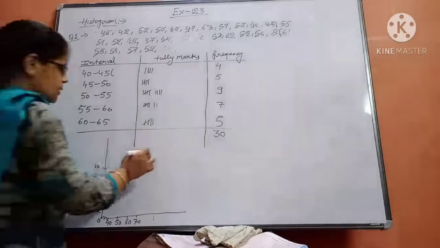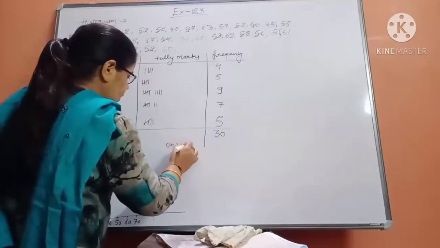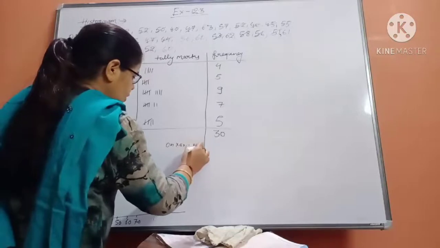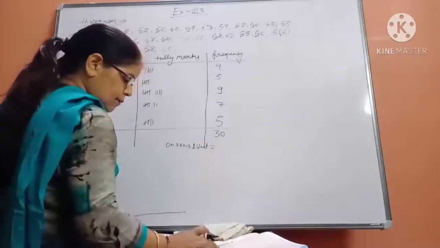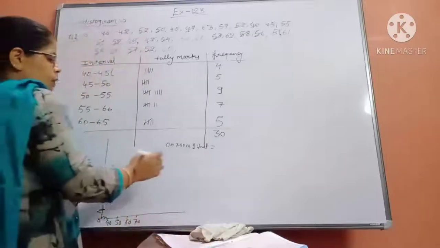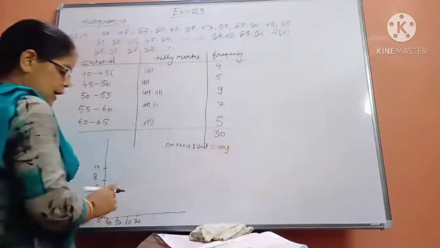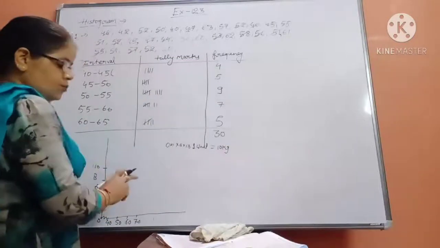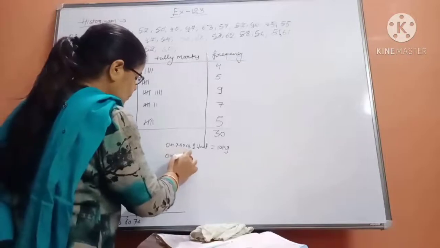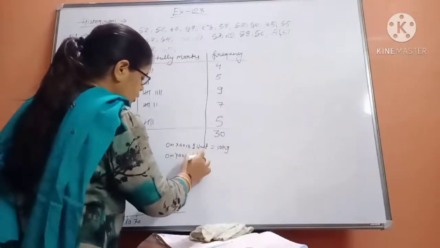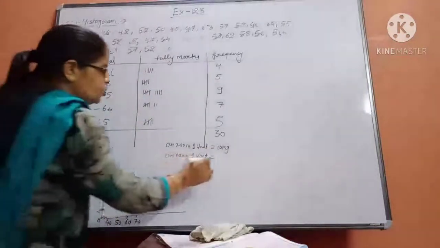So it means on x axis 1 unit is equal to how much we have taken beta, their weight na is equal to 10 kg. Okay, and here number of students are there. On y axis 1 unit is how many students they are representing? 2 students.